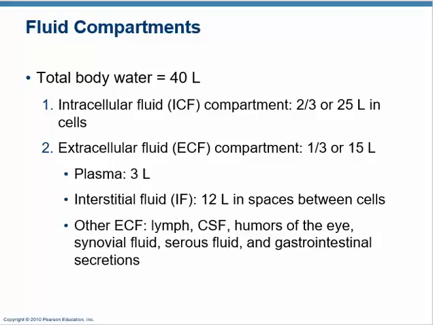But there's a few other places where we have fluid, like synovial fluid, serous fluid in between the visceral and parietal serous membranes, like the pleura, etc. GI secretions, lymph, which is really a lot like interstitial fluid, cerebrospinal fluid, the humors in the eye, vitreous and aqueous humor, all make up a little bit.